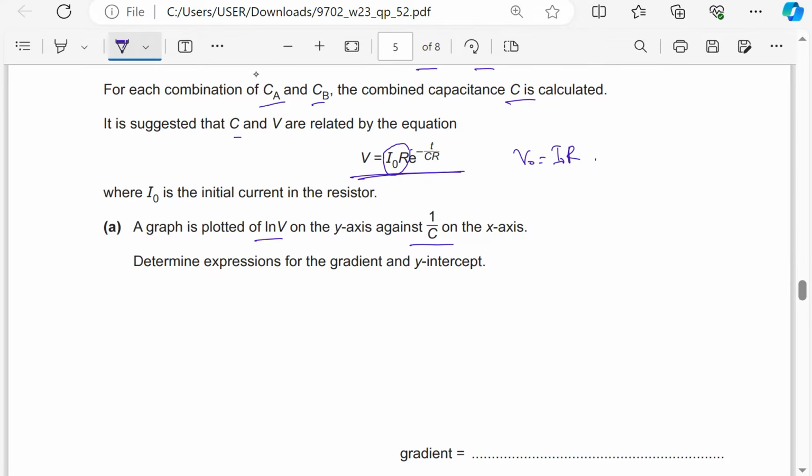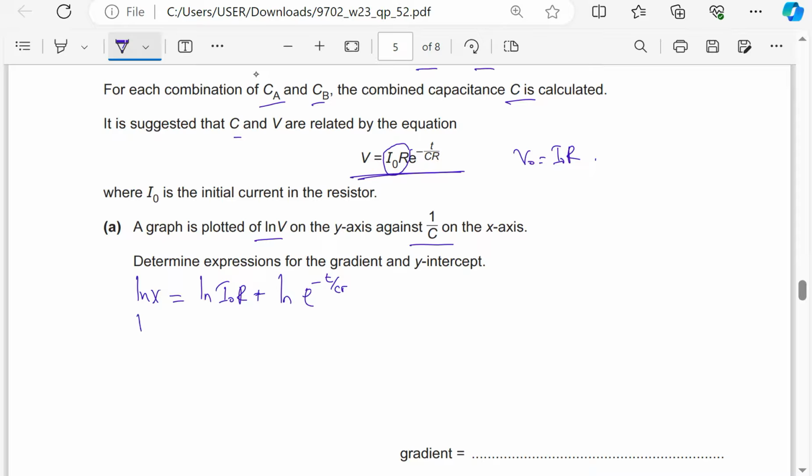On the left hand side I have ln of V equals to, on the right hand side, ln of I naught R plus ln of e power minus t over CR.